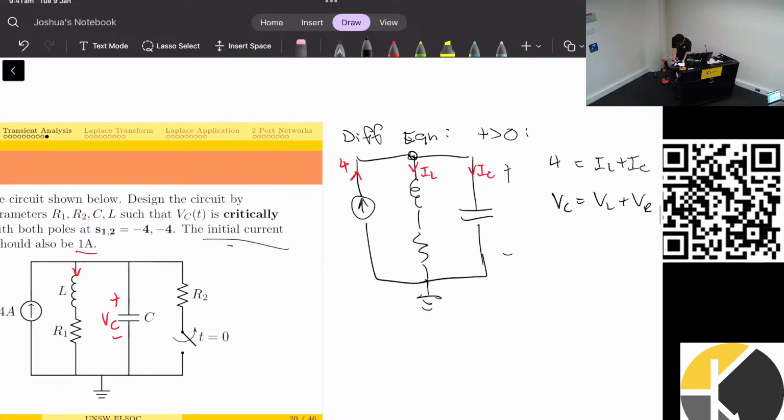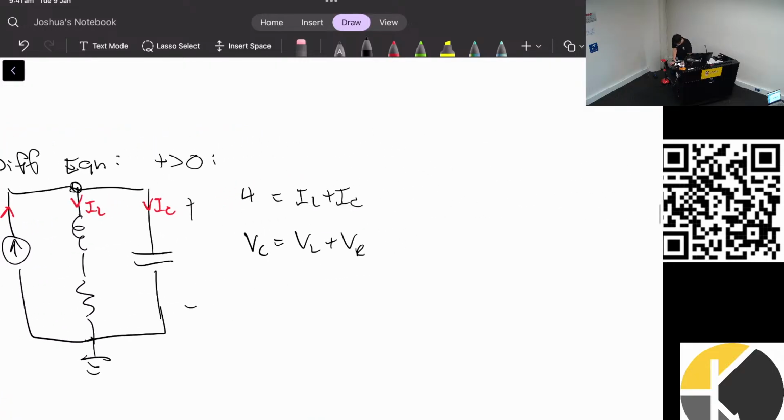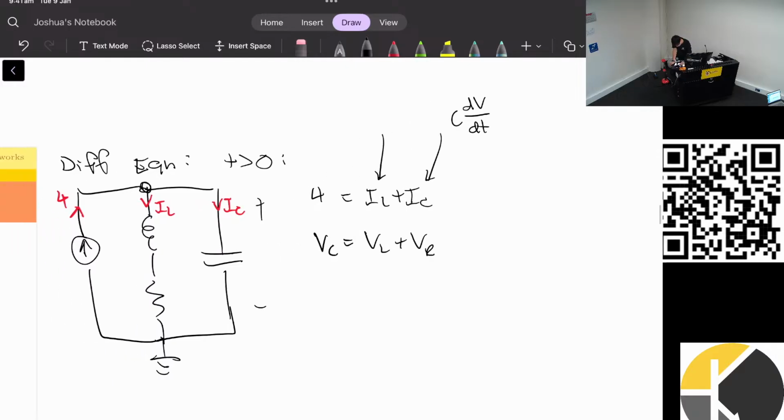Noting that we want our final solution in terms of voltages, I'll try and get rid of these current terms here. So the current is C dV on dt. And this one is actually going to be, once again, 1 on L, the integral of VL dt. Since these nodes are in parallel, we can use this one.